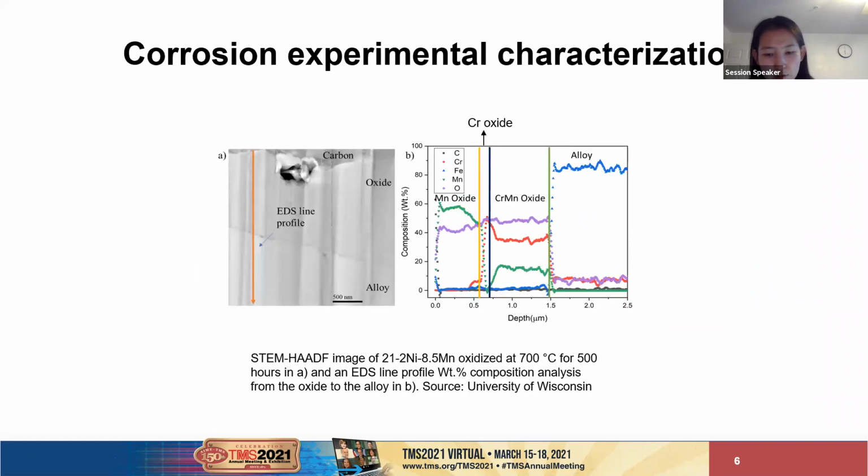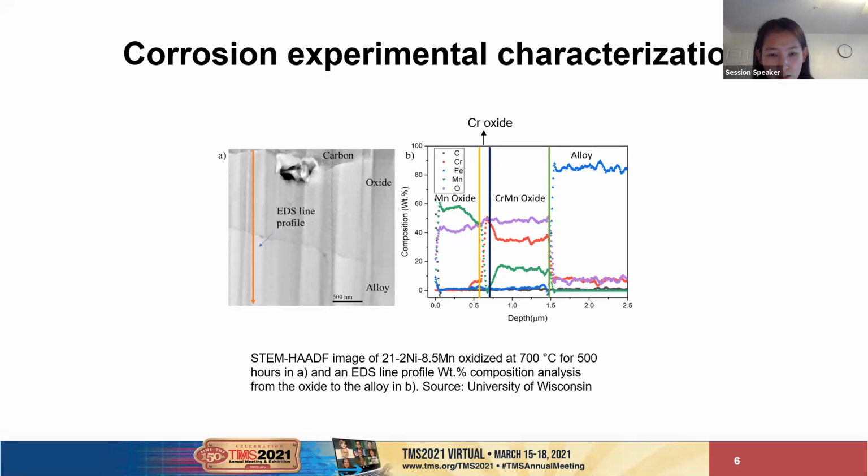To more accurately represent the species of the oxide formed on the alloy, we have an experimental collaborator team from the University of Wisconsin.